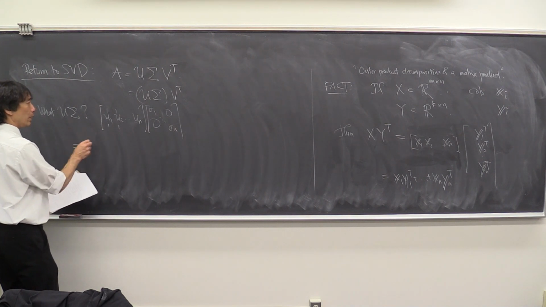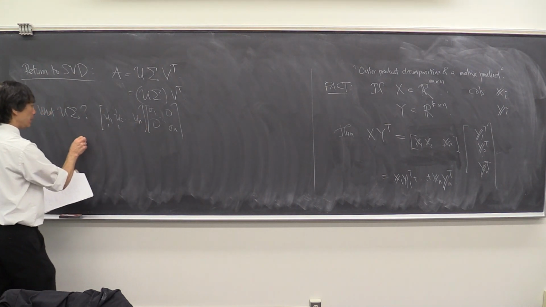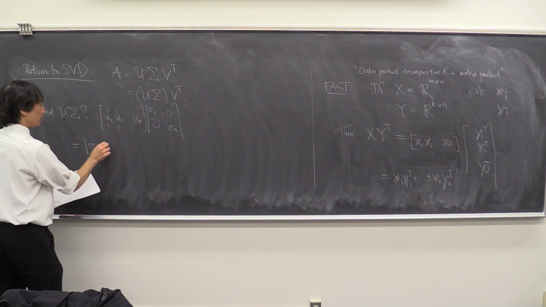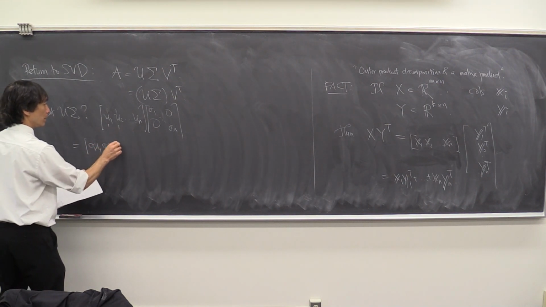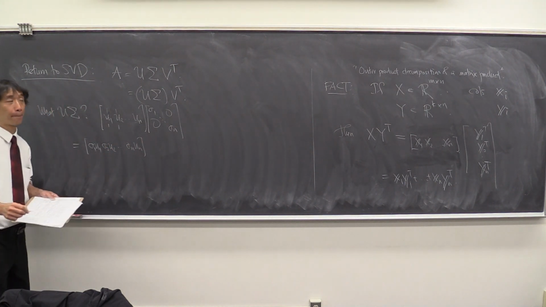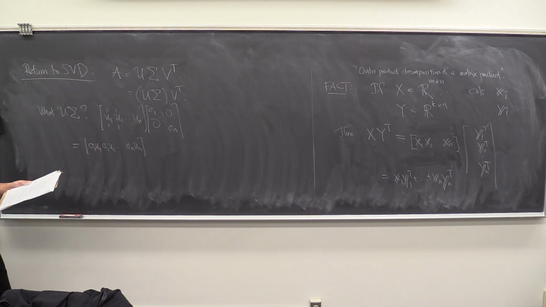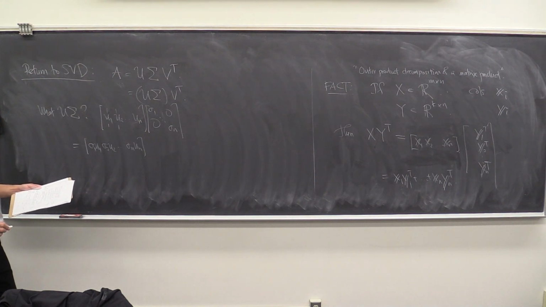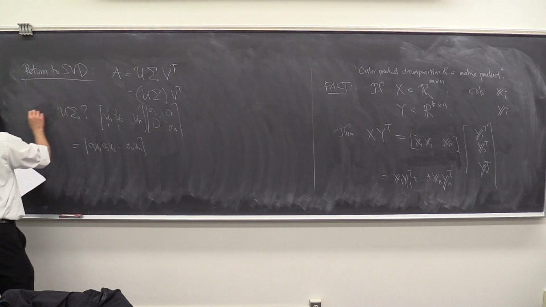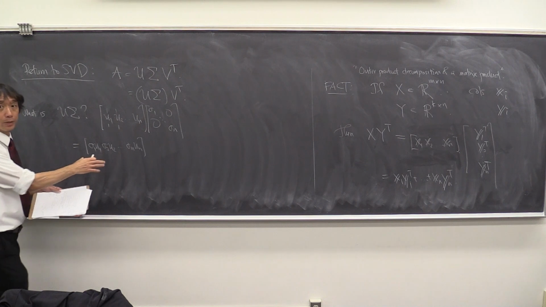Well, when you multiply that out, that turns into sigma 1 u1, sigma 2 u2, through sigma n un. So what is this? It's this, right?